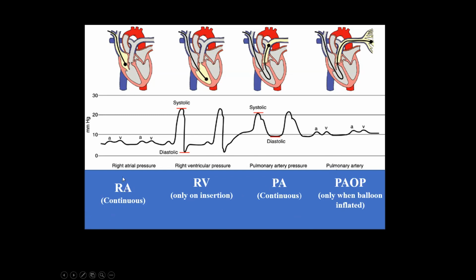So on the monitor, if I have a Swan in, the right atrial and the pulmonary artery pressures are the only two I should see continuously. These guys, I have to do something for. This is on insertion. This is when I inflate the balloon. The balloon should never be permanently inflated. You need to have that balloon come down. It needs to just free float in the pulmonary artery.